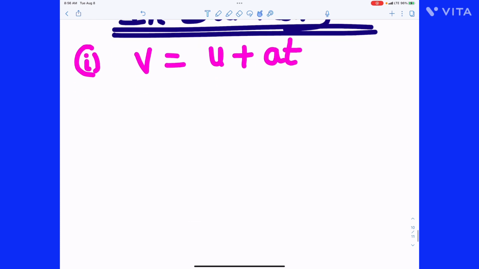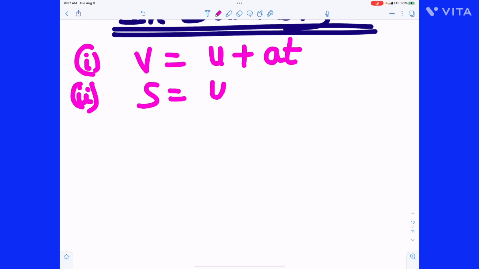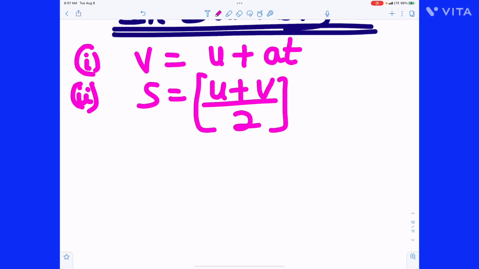Then the next one, distance is average velocity times time, where average velocity is u plus v over 2.